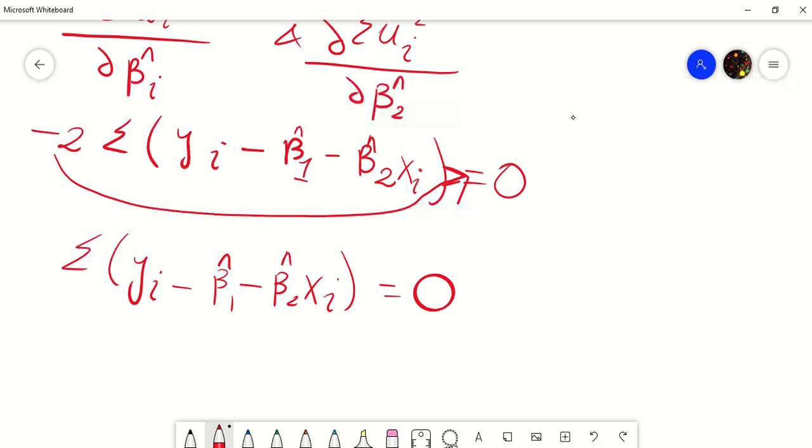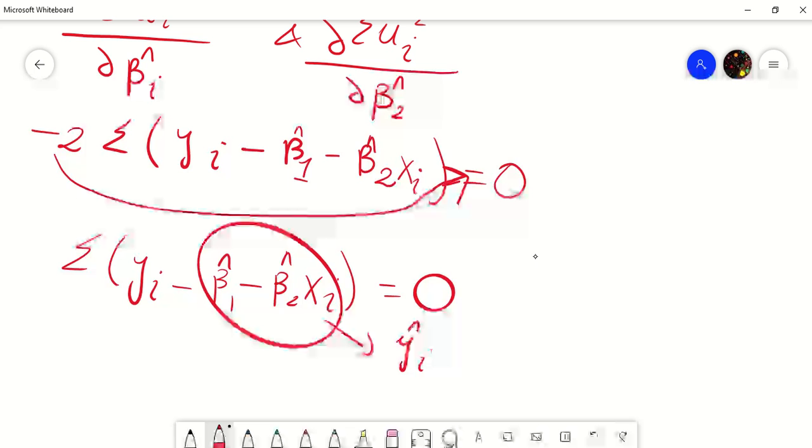Now this term, beta 1 hat plus beta 2 hat xi, equals yi hat. What is yi hat? It equals beta 1 hat plus beta 2 hat xi.